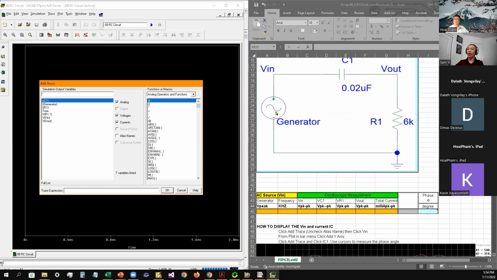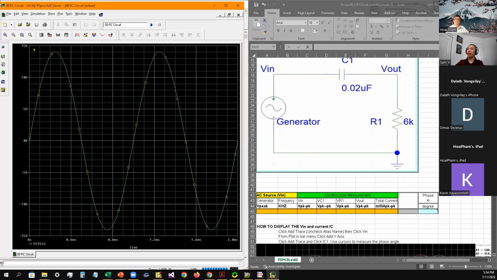The generator is right here, which is the same thing as VN, so V(VN), the voltage of VN. Click OK, and that is your schematic. You can use this graphical method to put your trace on, or you can always use the menu here on top.